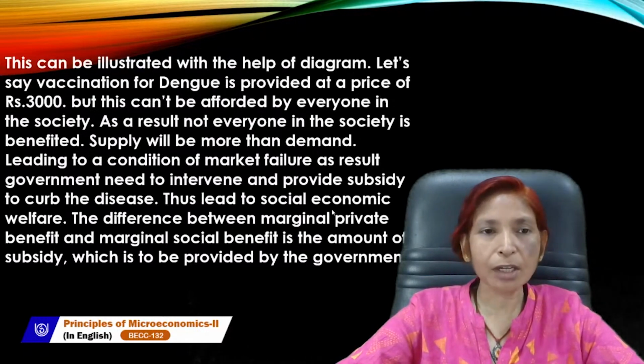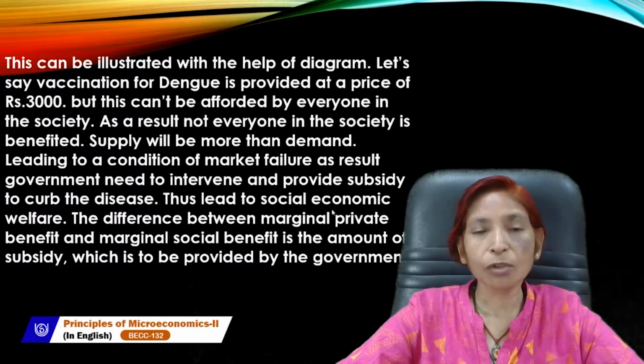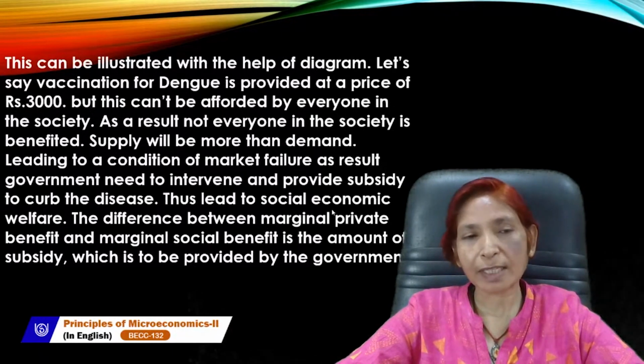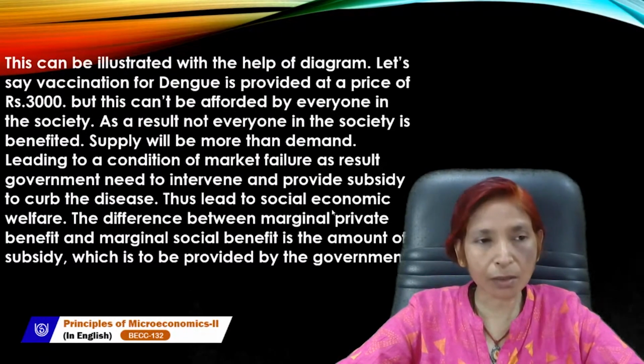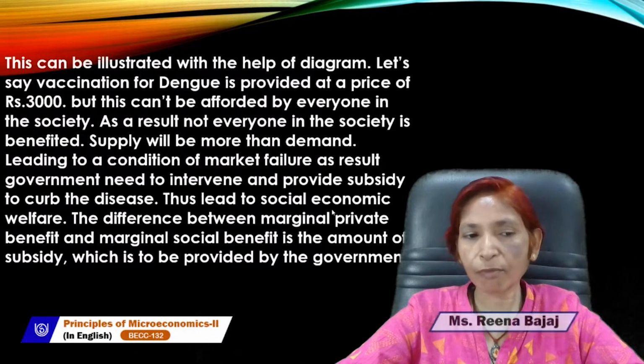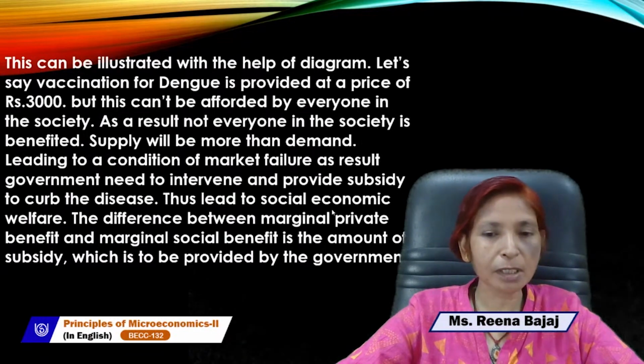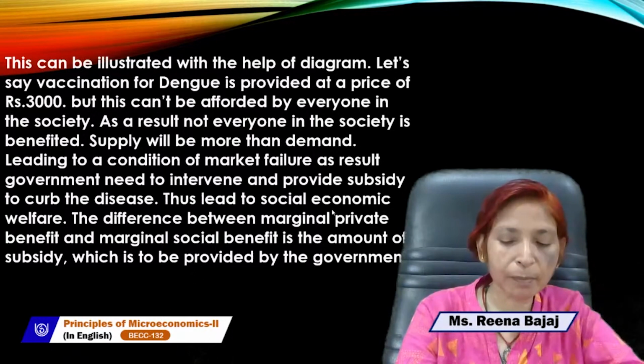If the vaccination for dengue is provided at a price of rupees 3,000 privately, you know that at private hospitals and private vaccination centers there is a very high cost of vaccination. But if the government intervenes in the market and provides subsidies to curb the disease, this leads to social economic welfare. So the difference between the marginal private benefit and the marginal social benefit is the amount of subsidy which is to be provided by the government.